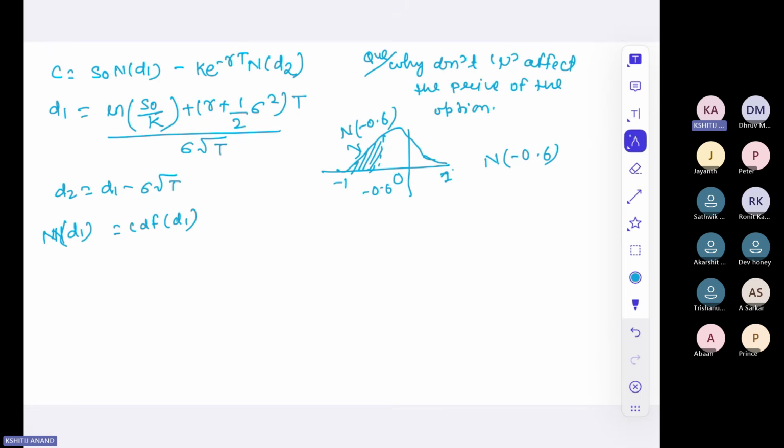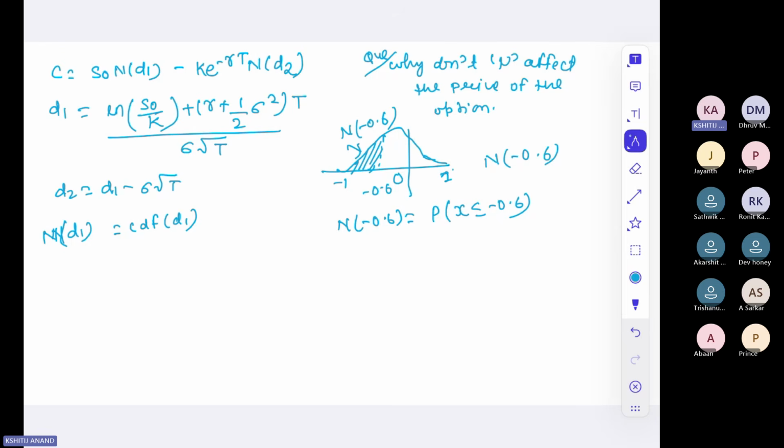So what is the probability that you will observe a number less than or equal to minus 0.6? This is the normal distribution concept. That's why you see that quant finance draws a lot from probability and statistics. I hope it becomes clear if you are a newbie to quant finance.